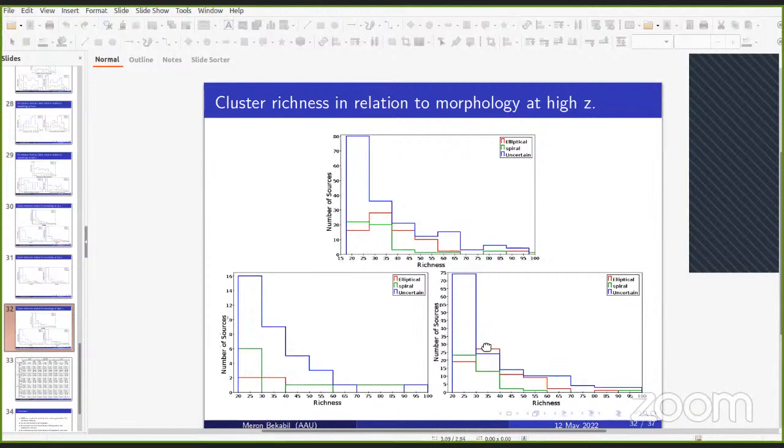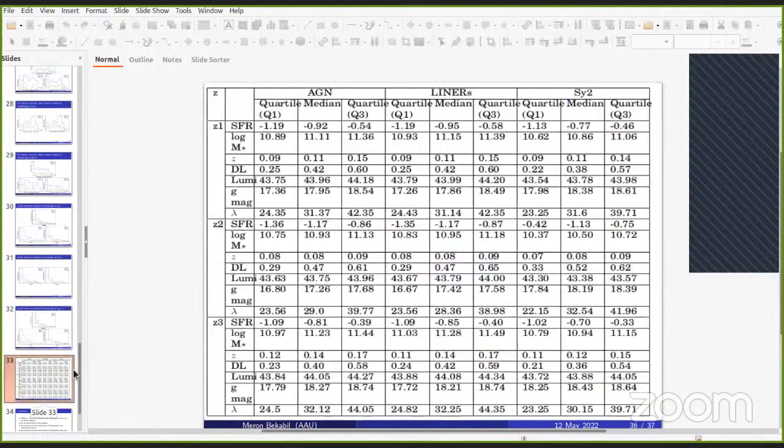The number of sources for LINERs and for AGNs looks similar, but the number of sources will be different. Again, in all the analysis, the uncertain galaxies dominate, and the number of elliptical galaxies is a little higher than the spiral galaxies, as you see from the diagrams.